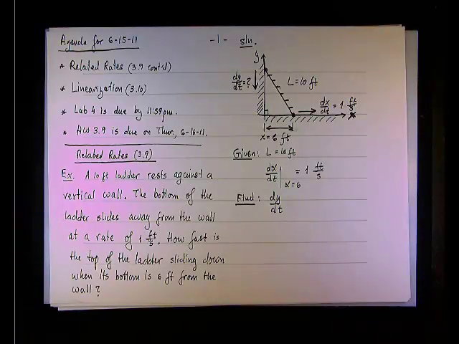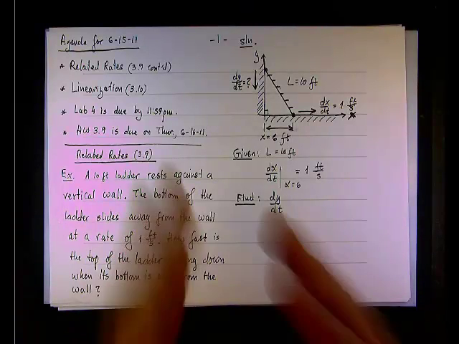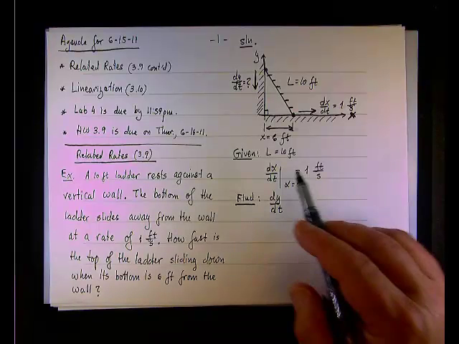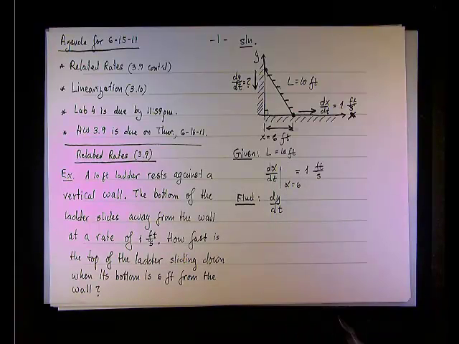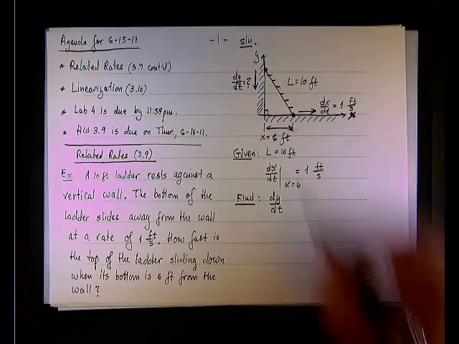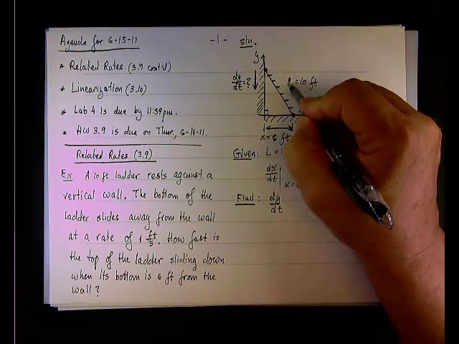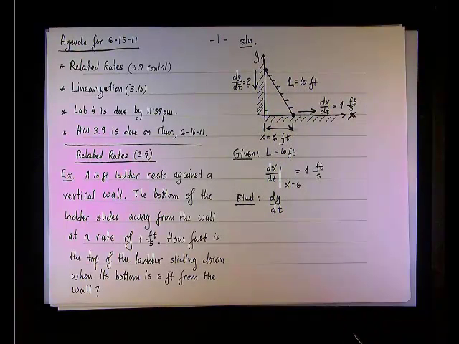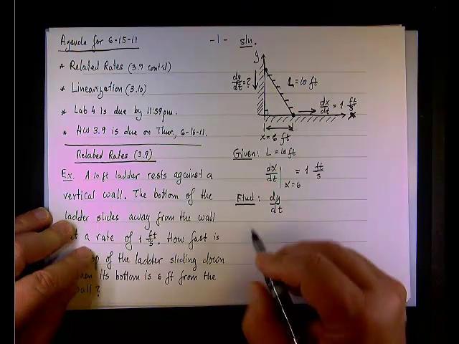In the solution, we need to find the relationship between x and y, because those are the two variables involved. Any suggestion how we can tie x and y and L together? Speak, guys. Pythagorean theorem, exactly.